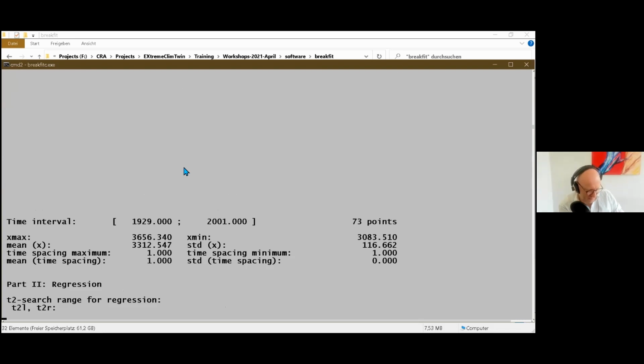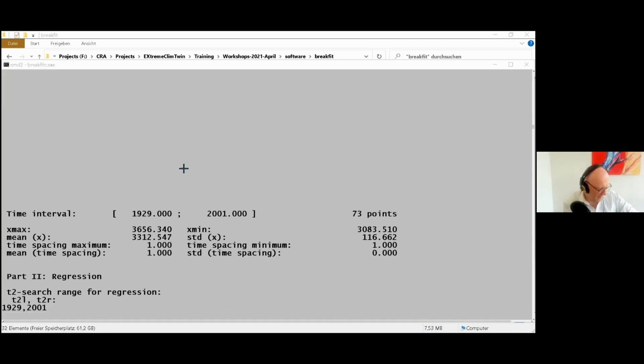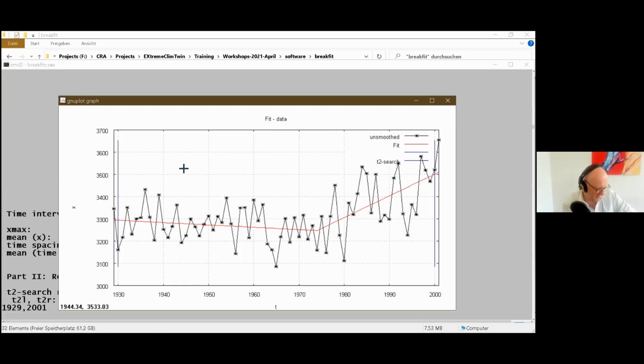Okay? The time interval where to look for the change point. The maximum interval you can take is from 1929 to 2001. Then you have it here.